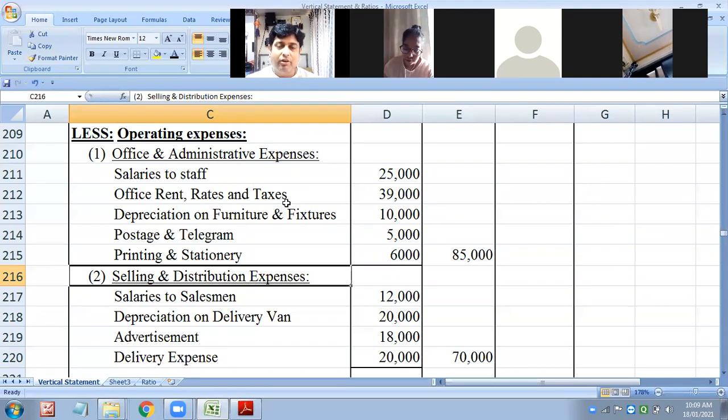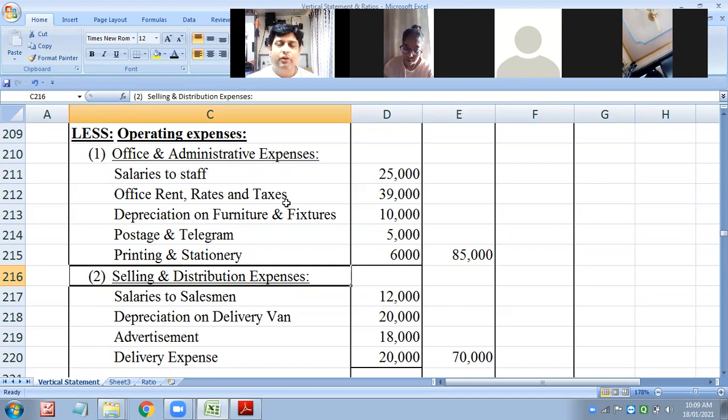If we add office and administration expenses, there should not be any segregation at all. That gives us the cost of production. After cost of production, when we adjust the opening and closing stock, we get the cost of goods sold. If we add the selling and distribution overhead, we get the total cost or cost of sales. Adding the profit, we get sales.